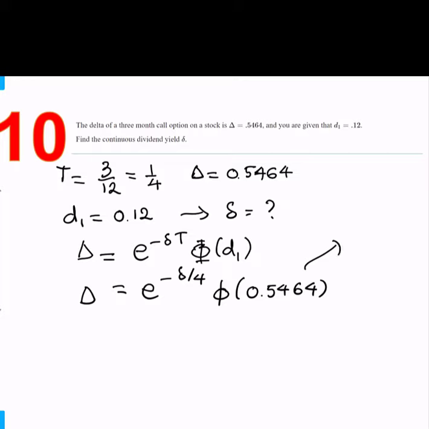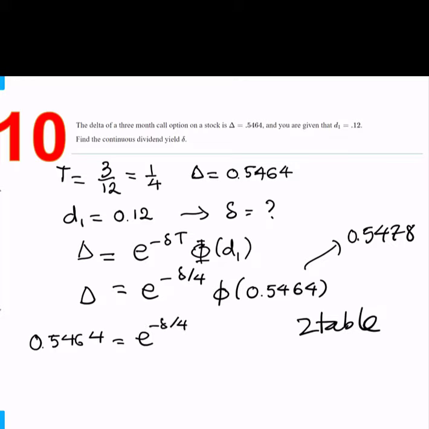So just use the z table. If you use the z table, this number should be 0.5478.